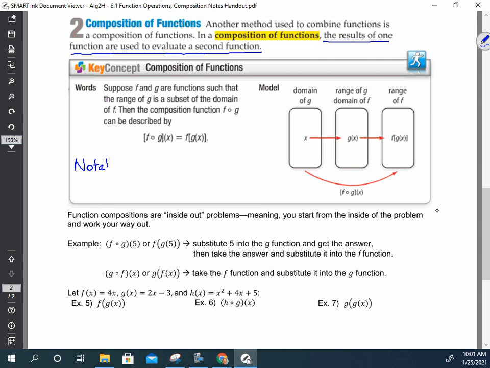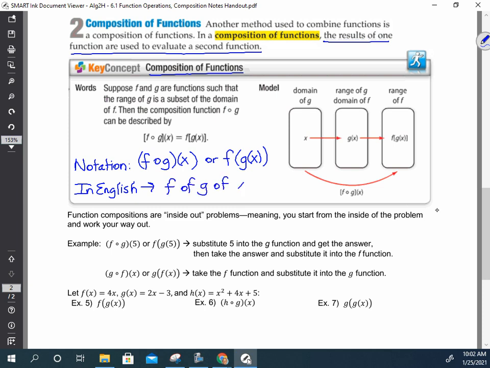So as far as composition goes, this is the notation. One notation looks like the word fog, and one notation looks like one function inside of another. So these are the two notations for composition. In English, this would mean f of g of x.